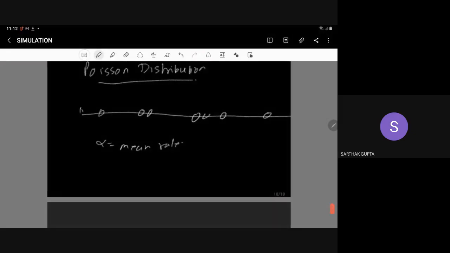Now if we are talking about the duration t, the time interval 0 to t, on average how many occurrences can occur? Alpha into t, the mean number of occurrences in interval 0 to t, and we denote it by mu.